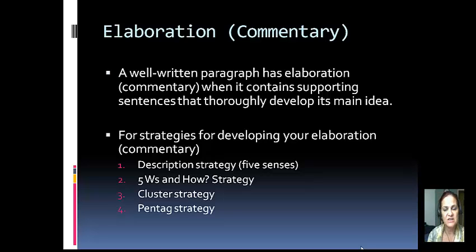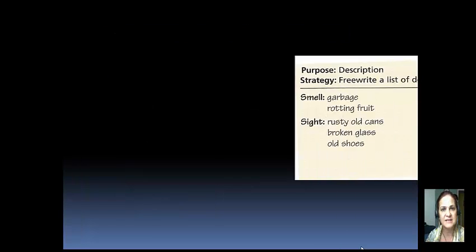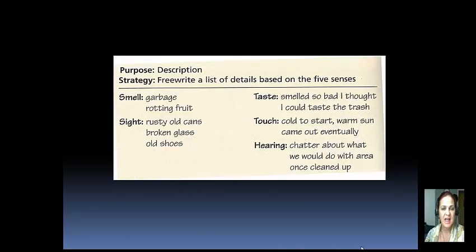On each of these, I want you to get the example in your notes on each of the next four slides, which will give an example of each. So pause the video after each and get the idea down in your notes. The first is a description strategy.